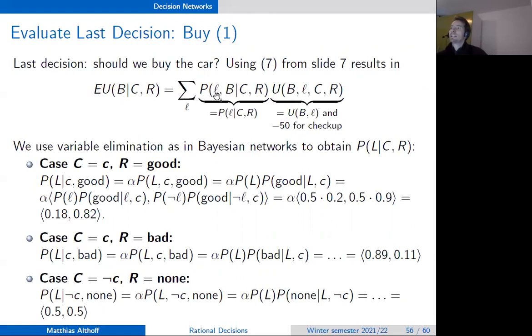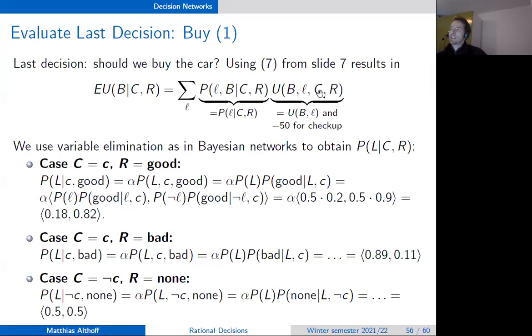The thing is that the probability of lemon and buying the car given checkup and report is the same as just whether it's a lemon or not given checkup and report, because whether we buy the car or not is the decision variable, and that is a decision whether we will buy it or not buy it. So this is something that will be fixed, and that's why it has no influence here on the probability. And also, the utility of buying, lemon, checkup and report combined is just the utility of buying and lemon.